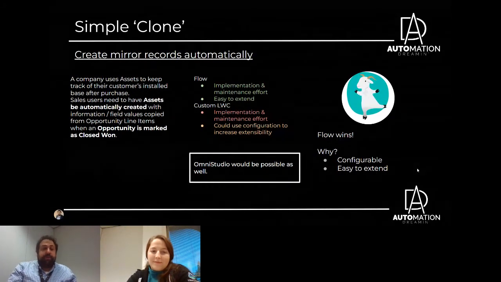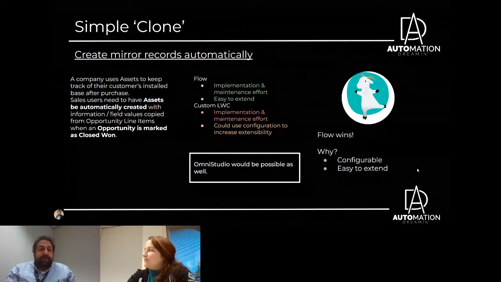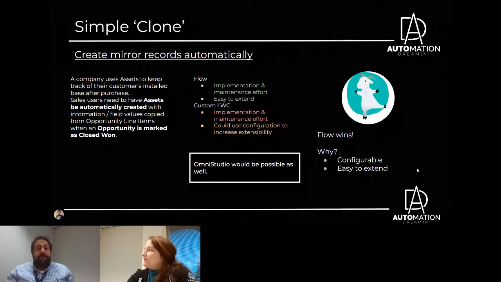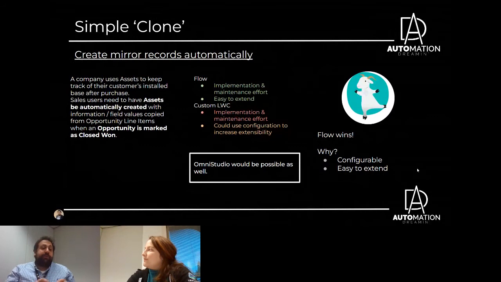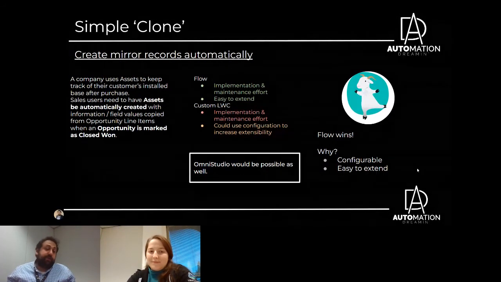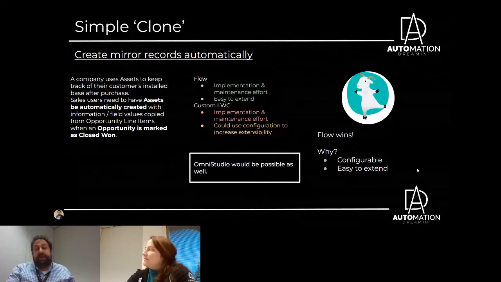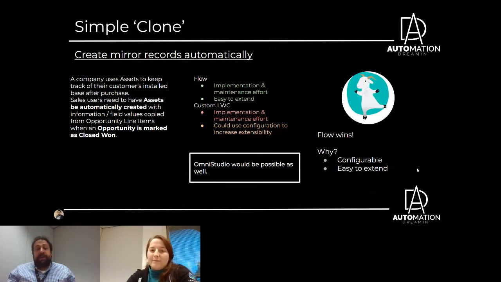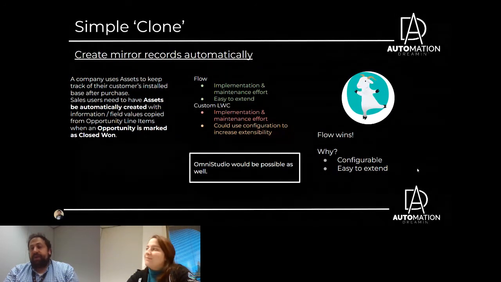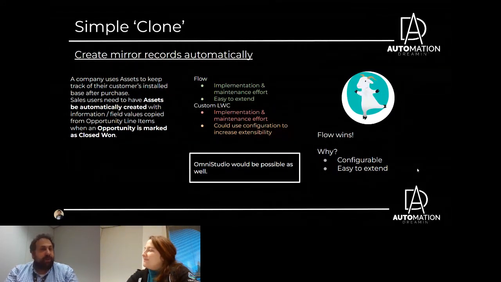So what the sales users really want or need is that after an opportunity is closed on one, the opportunity lines are automatically created into assets with specific information or field values that we can take from the opportunity line items. So here again, we have our Flow, where the implementation and maintenance effort will be really low. It's pretty much a very straightforward case.